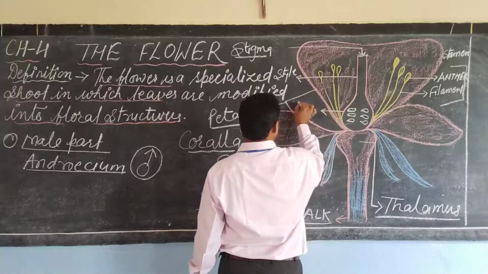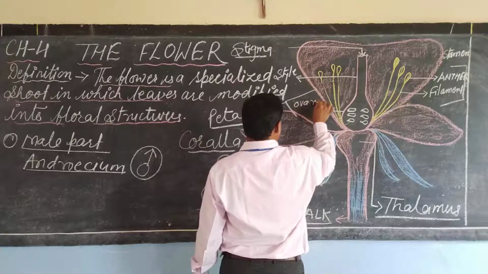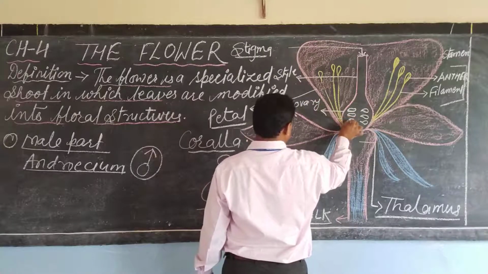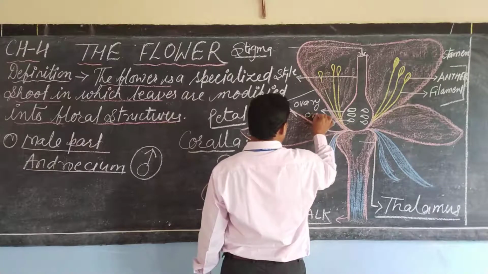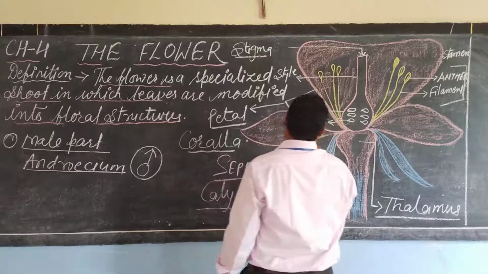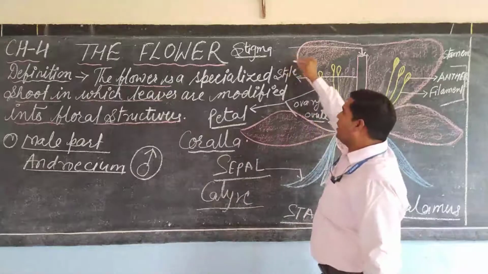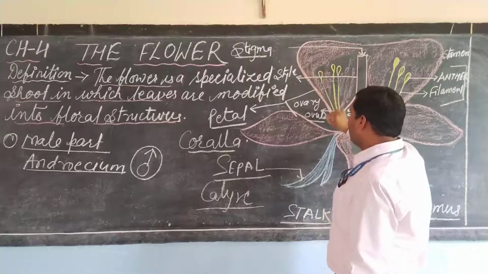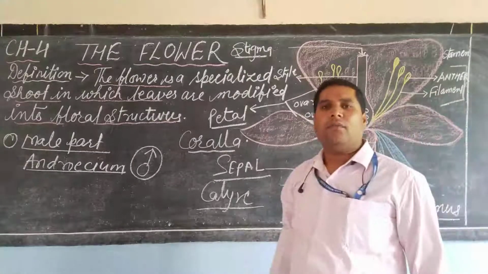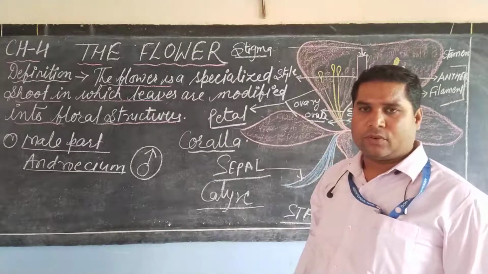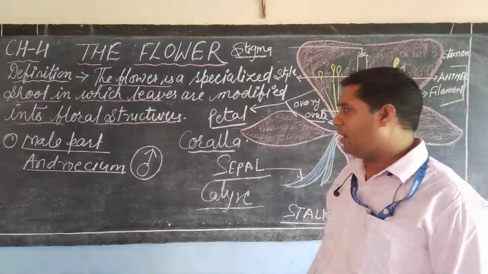This swollen part is known as an ovary, and the egg inside is known as an ovule. So stigma, style, ovary, ovule, these are the female parts of the flower, dear student.